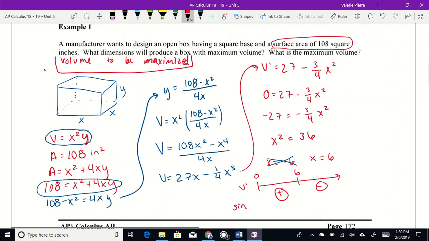So since V prime changes from positive to negative at x equals 6, volume is maximized.